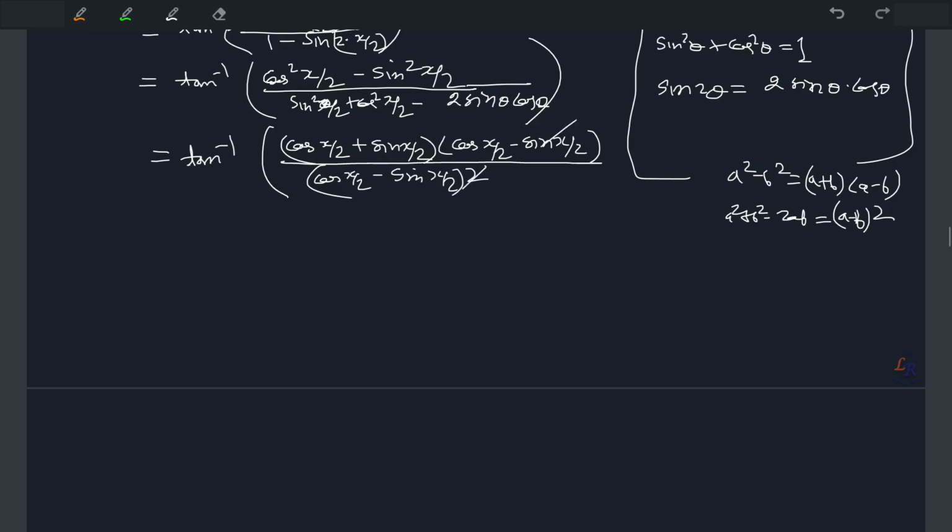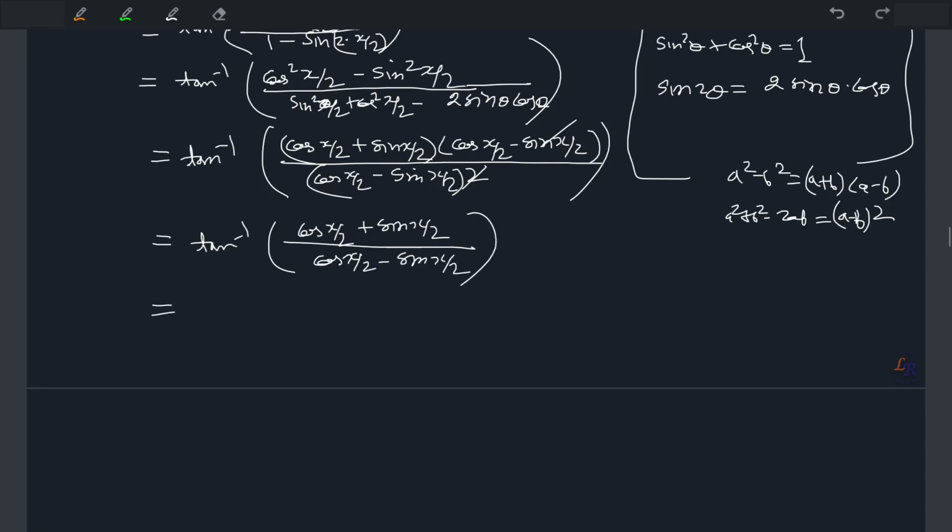This square can be cancelled with this, and then you have tan inverse of cos x by 2 plus sin x by 2 upon cos x by 2 minus sin x by 2, right? You take cos common, so cos can be cancelled out. So you can have tan inverse of 1 plus tan x by 2 upon 1 minus tan x by 2, right?